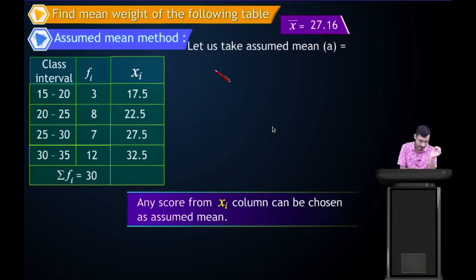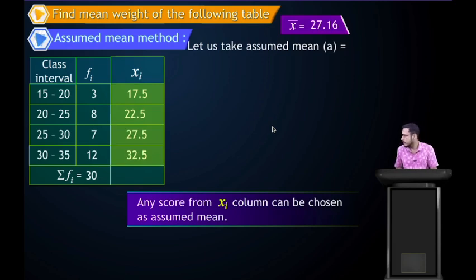You can see the xi column: 17.5, 22.5, 27.5 and 32.5.